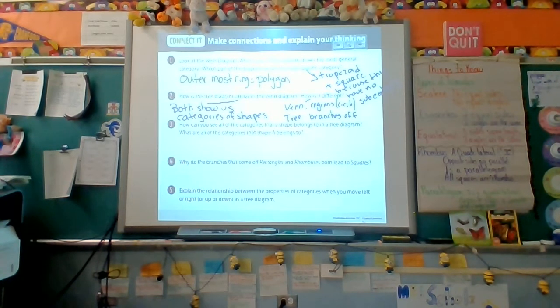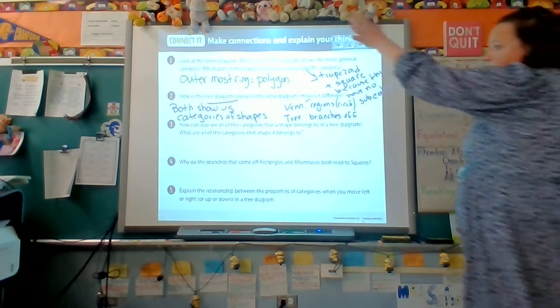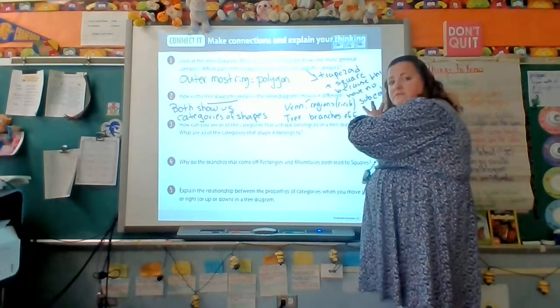The next one says, how can you see all of the categories that a shape belongs to if you're using a tree diagram? Okay, and then what are all of the categories that shape A would belong to? Basically, what you're going to do is follow that tree diagram, whether it's down if you did it vertically or across.